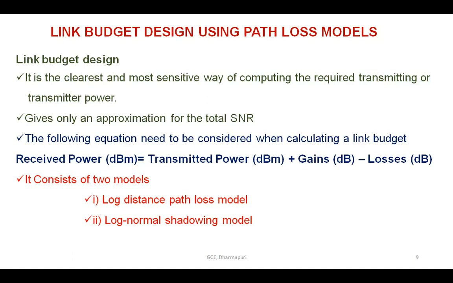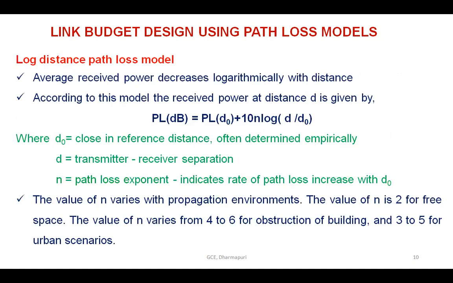For path loss in the link budget, there are two models: the log distance path loss model and the log normal shadowing model. The log distance path loss model is the first model. Here the average received power decreases logarithmically with distance.